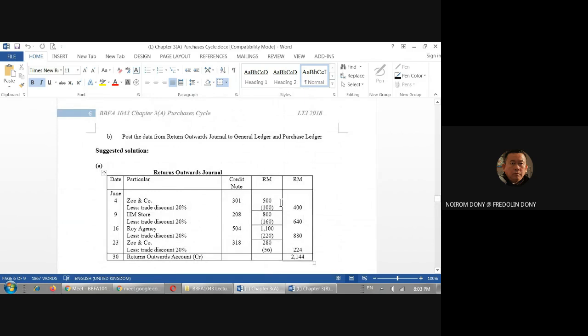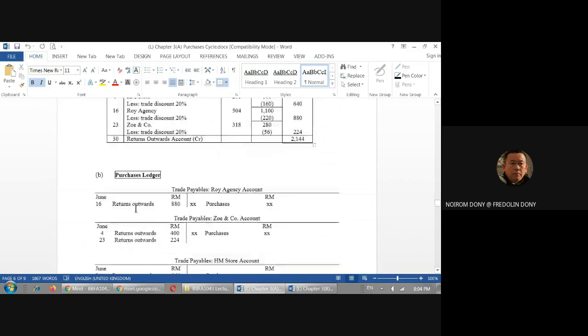When we record the first step, we record the individual dates, 4th, 9th, 16th, 23rd, and we record the individual amounts. That is to the purchases ledger. Purchases ledger consists of individual trade payables accounts. Remember, trade payable is a liability, and a liability is a credit item.